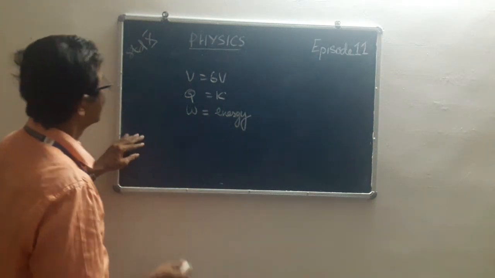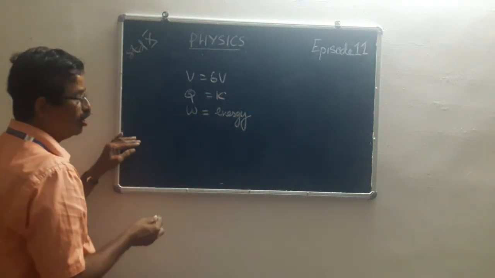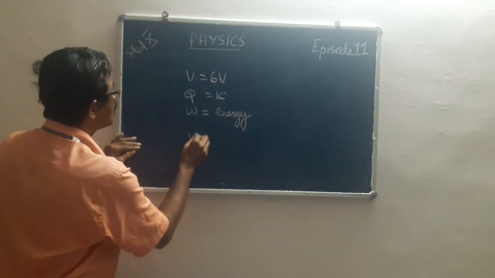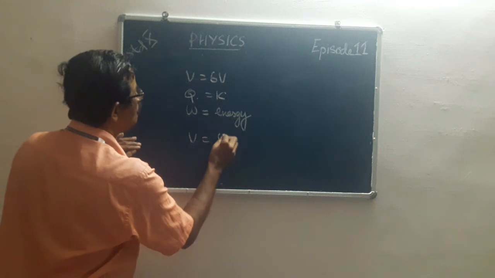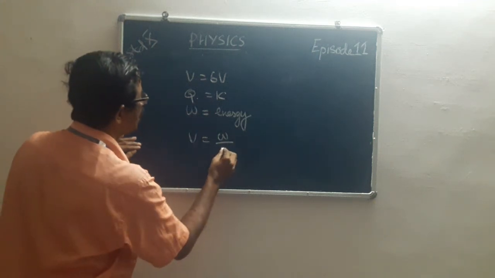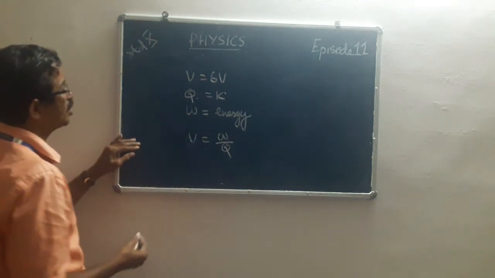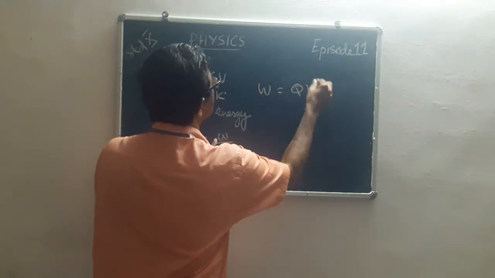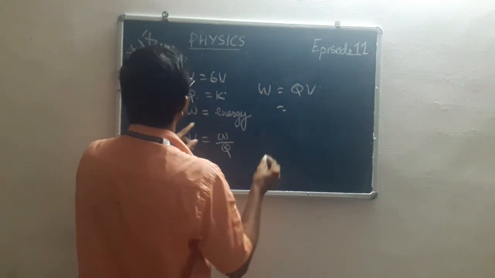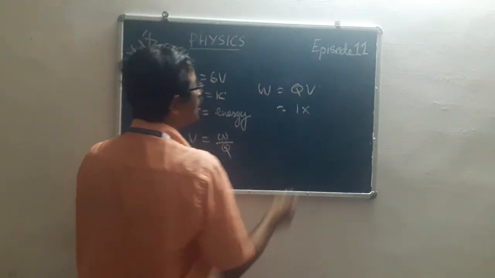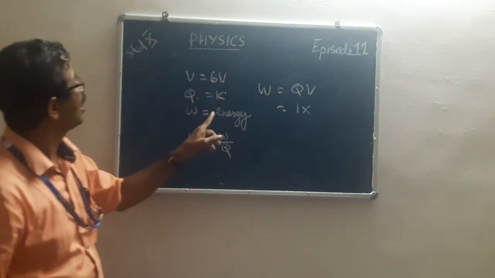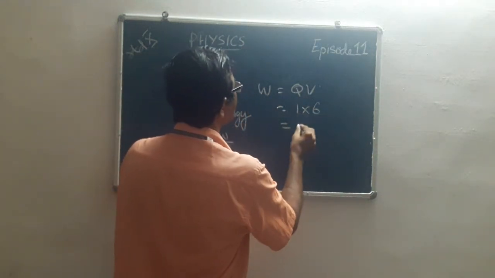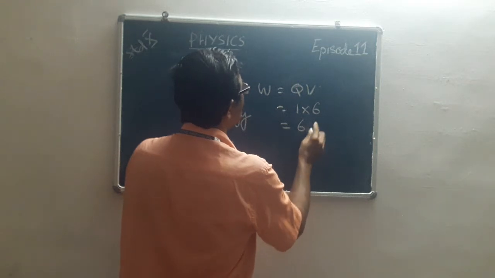Now the concept which we know is V is equal to W by Q. From this relation we want to find out energy: W is equal to Q into V. Q is 1 coulomb, each coulomb means 1 coulomb, and potential is 6 volt, so that is equal to 6 joule.